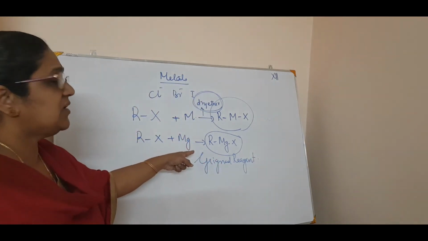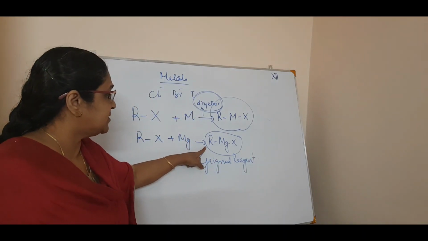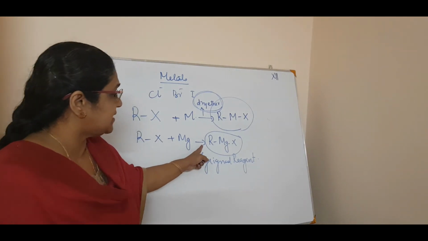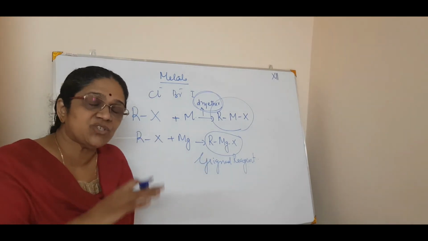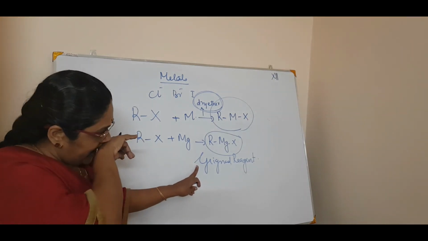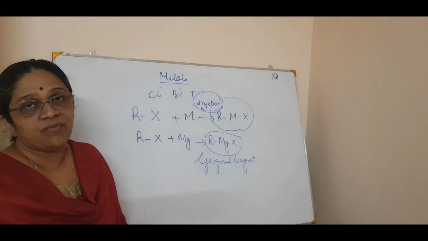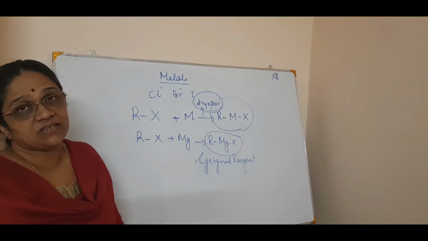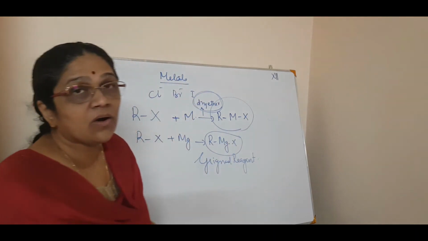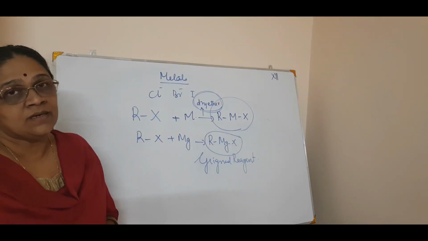This reagent can take part in so many reactions to get so many products. So this is called Grignard's reagent because Grignard prepared this reagent, and this is called an organometallic compound. Now how do you name this compound?